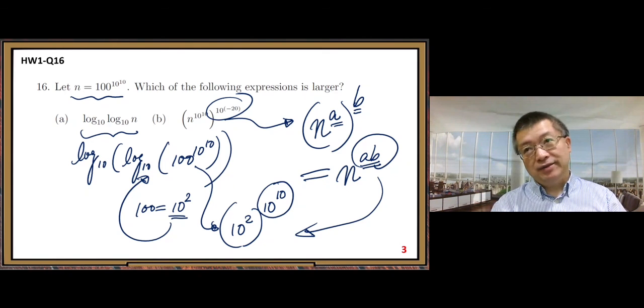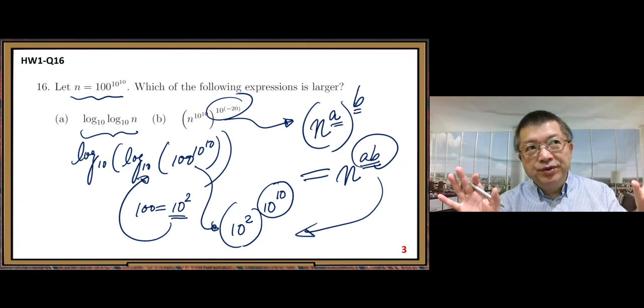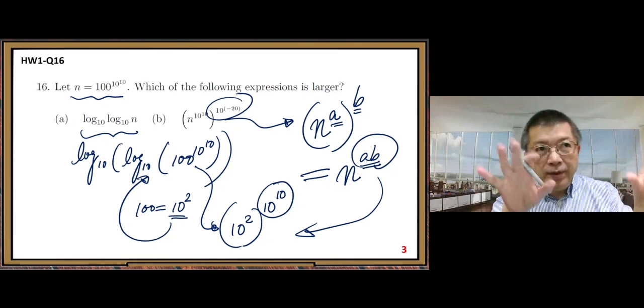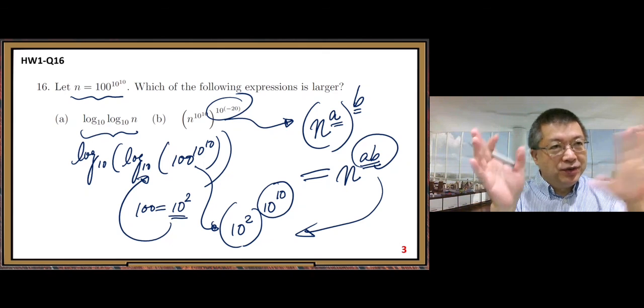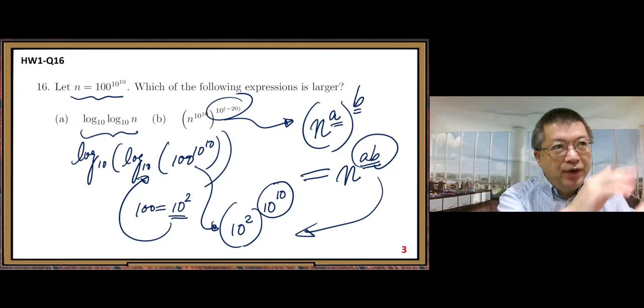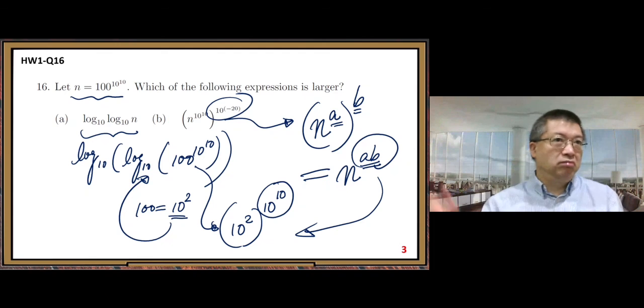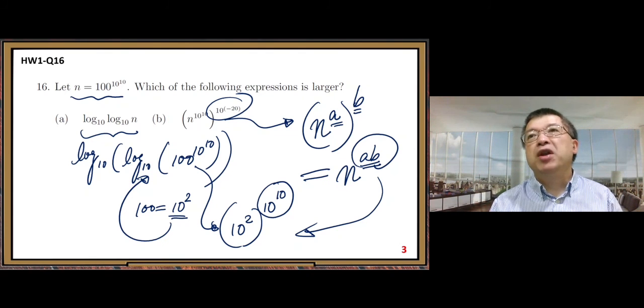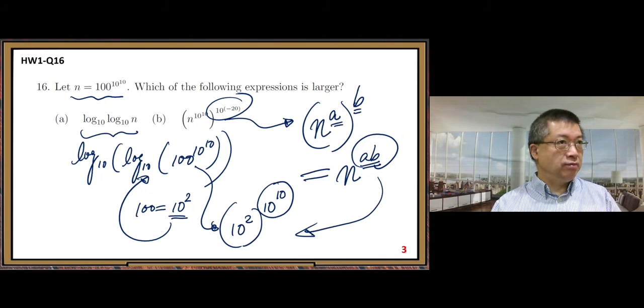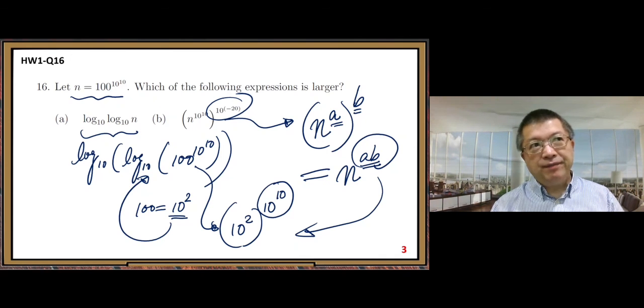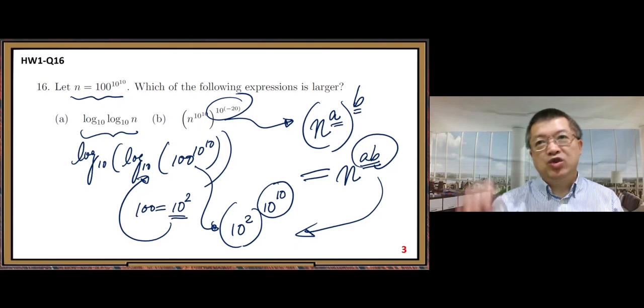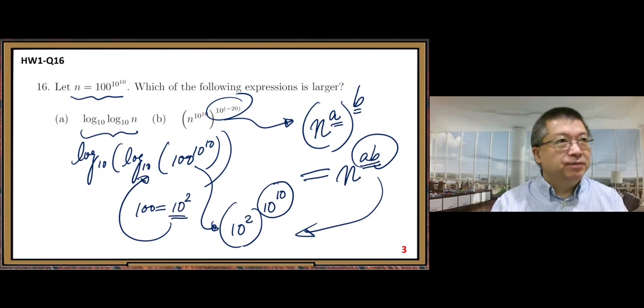If you work on your scratch paper carefully, step by step, using the properties of the logarithm function and also the power function, the exponential properties, then you can figure out which one is larger and which one is smaller. All right, so that is our D.1 video.